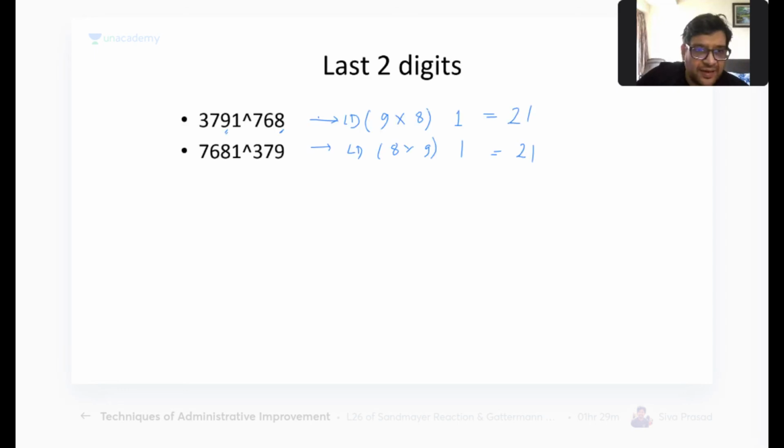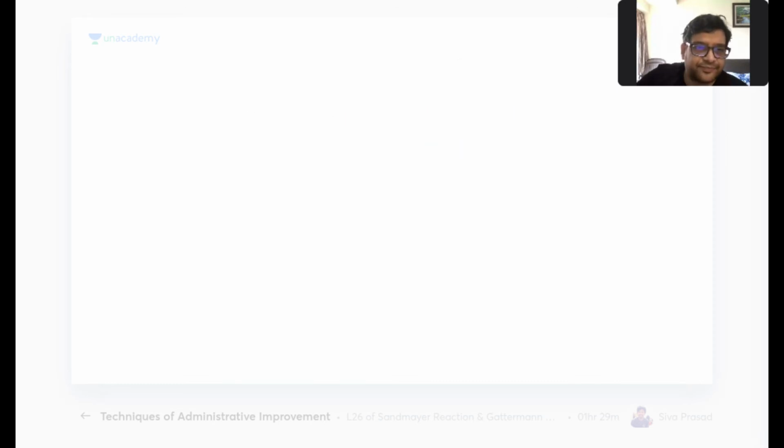So suppose I'm given 3791 to the power of 768, and I'm asked to find out its last two digits.